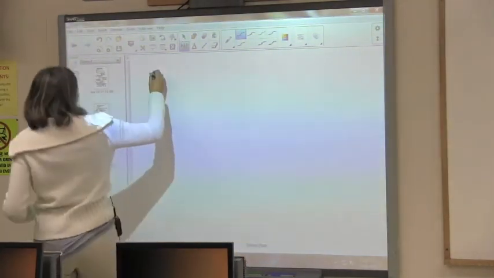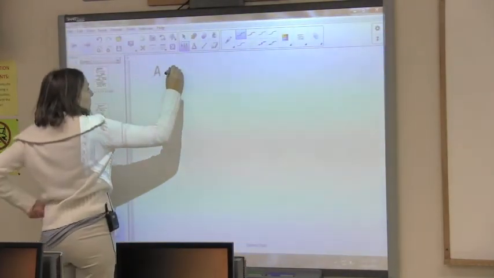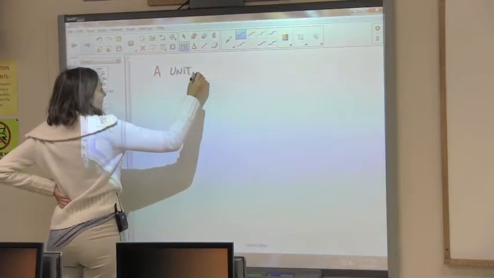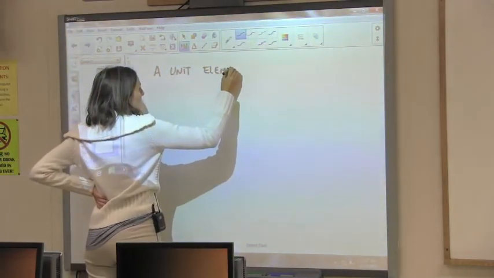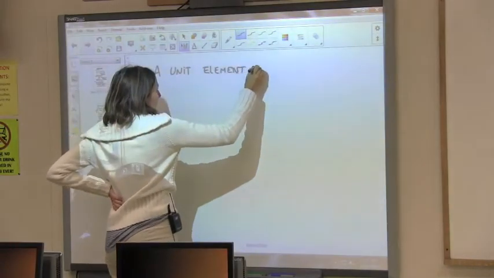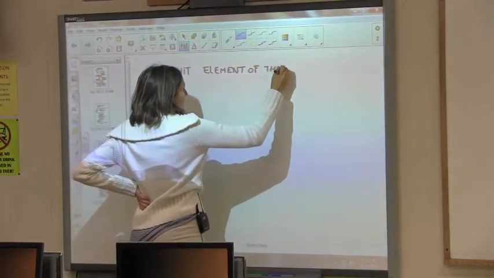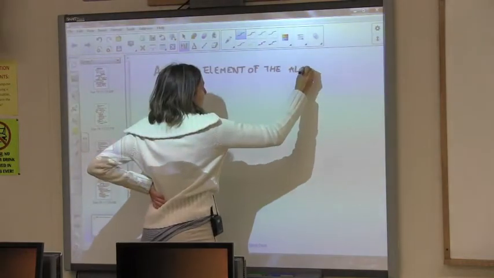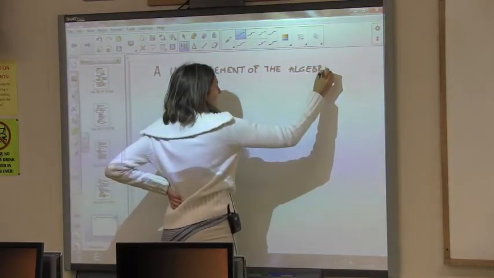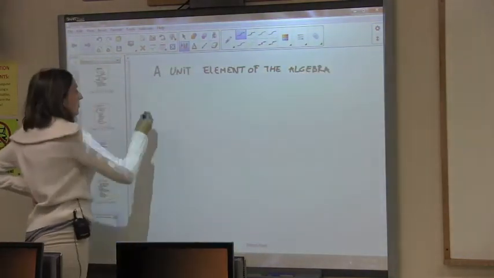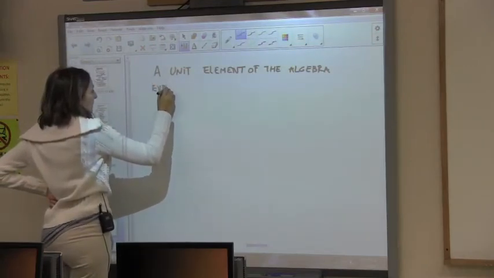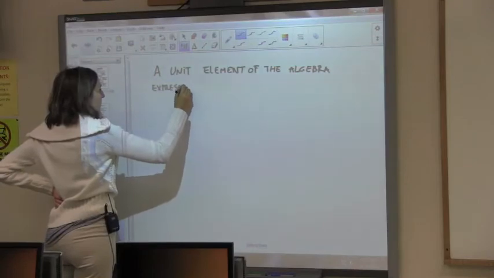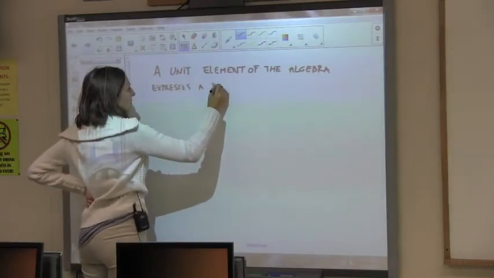Okay, and we can see that later, but a unit element of the algebra expresses a displacement.